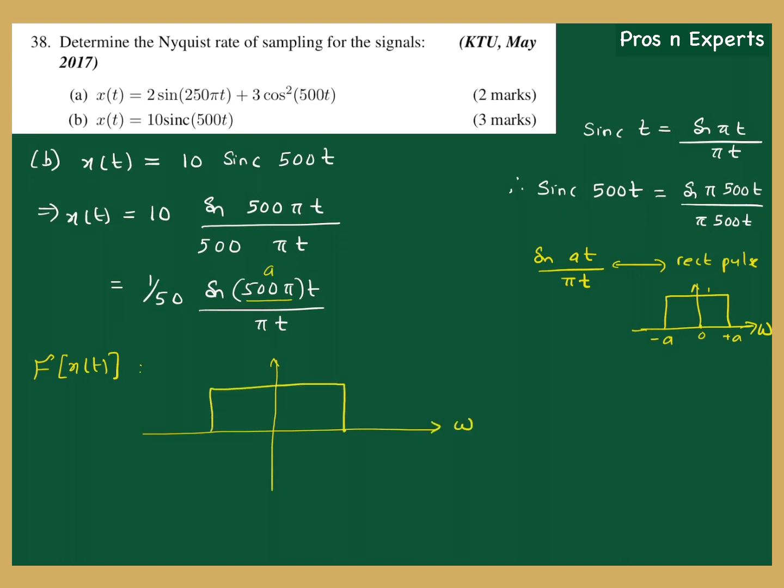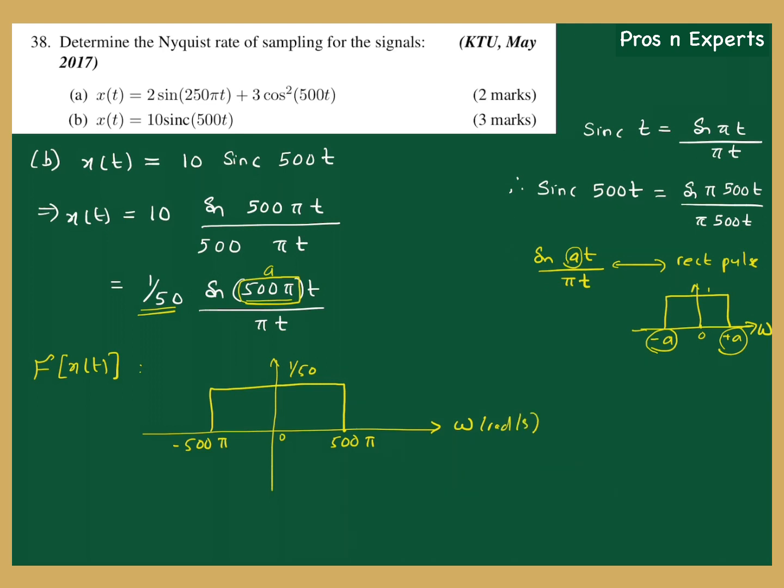In omega, if it was sine at, it starts from minus a to plus a. So for 500 pi, it starts from minus 500 pi and ends at plus 500 pi with amplitude 1, but we have a 1 by 50 scaling here, so the amplitude is 1 by 50. This is the Fourier spectrum, or Fourier transform, of 10 sinc 500 t. This is in radians per second.